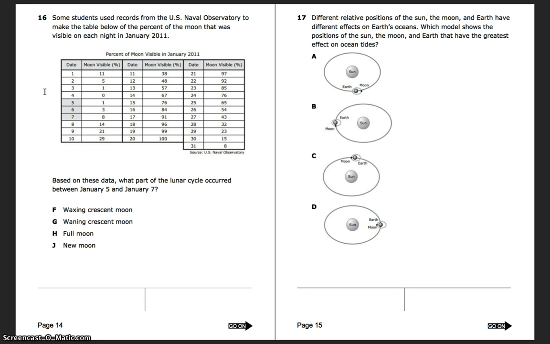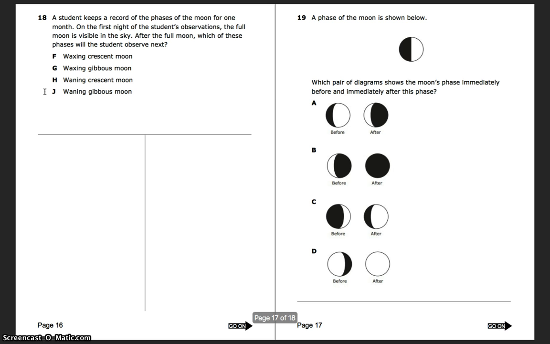Which model shows the positions of the Sun, the Moon, and Earth that have the greatest effect on ocean tides? A, B, C, or D? Number 18. A student keeps a record of the phases of the moon for 1 month. On the first night of the student's observations, the full moon is visible in the sky. After the full moon, which of these phases will the student observe next? F. Waxing crescent moon. G. Waxing gibbous moon. H. Waning crescent moon. J. Waning gibbous moon.